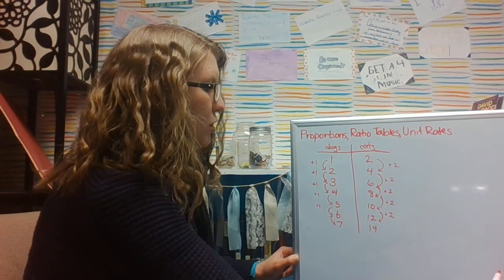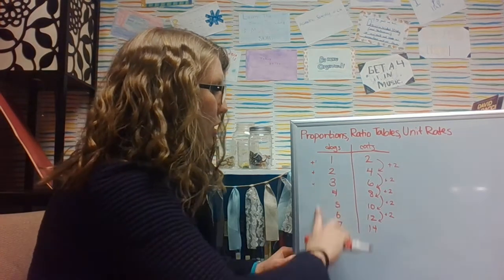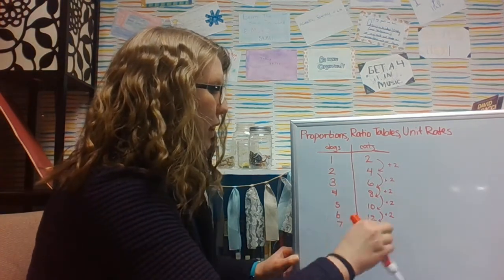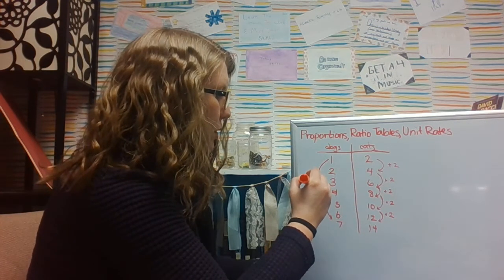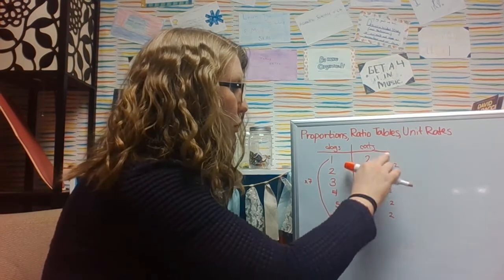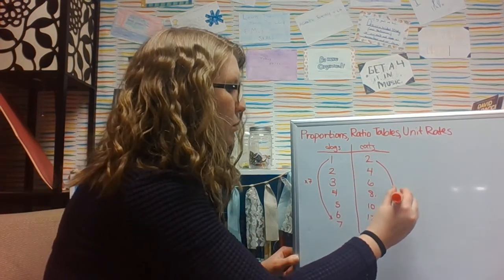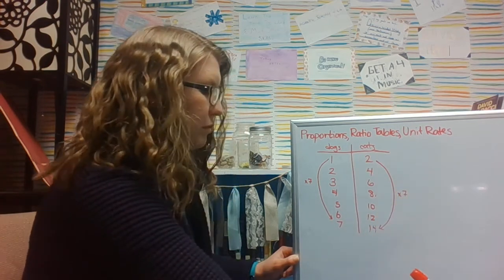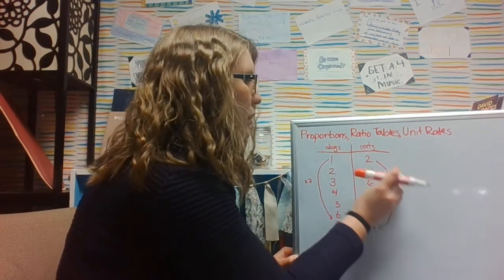And I also should be able to see some sort of multiplication going on. So if I think 1 to 7, I get there by multiplying by 7. To get from 2 to 14, I also multiply by 7. That's important to notice because it's not always going to be something easy like 1 to 2.